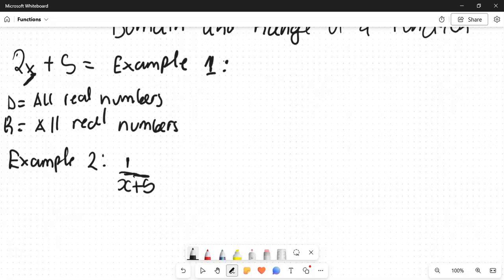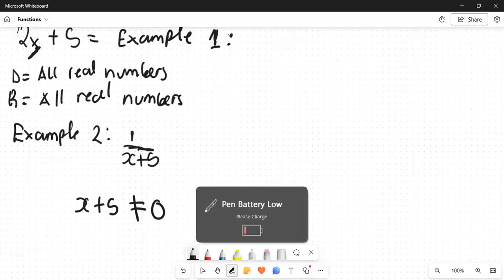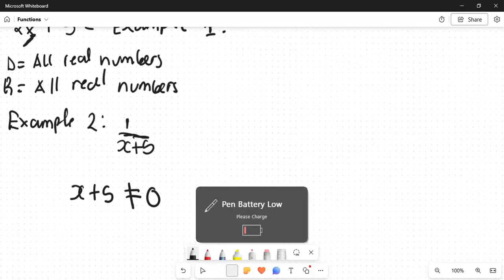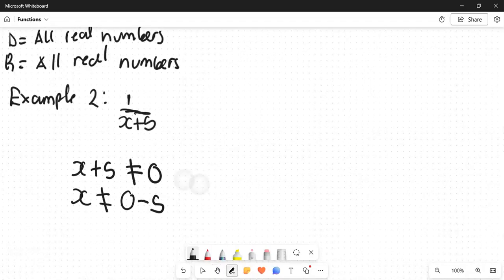So we solve for the value of x in the denominator. So x plus 5 is not equal to 0. So x is not equal to 0 minus 5. So x is not equal to negative 5.